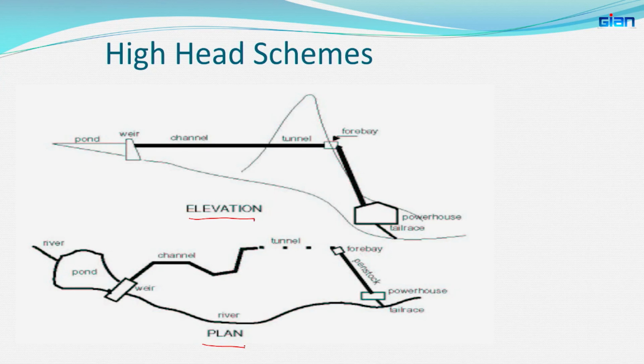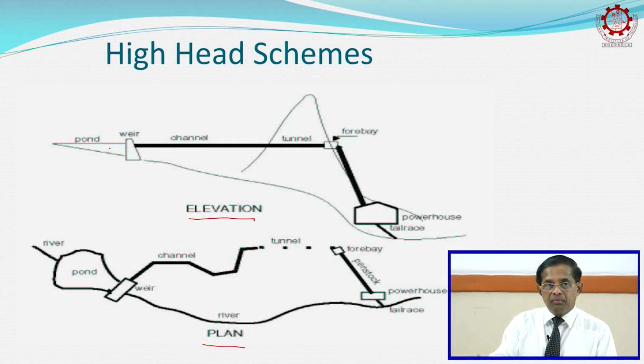So when you have a cross sectional view, you can see a small weir. We don't want to have a big pond, because when you have a pond, there will be a backwater increase inundating other people's land boundaries. So we want to keep just enough diversion so that the water enters the canal or the channel.